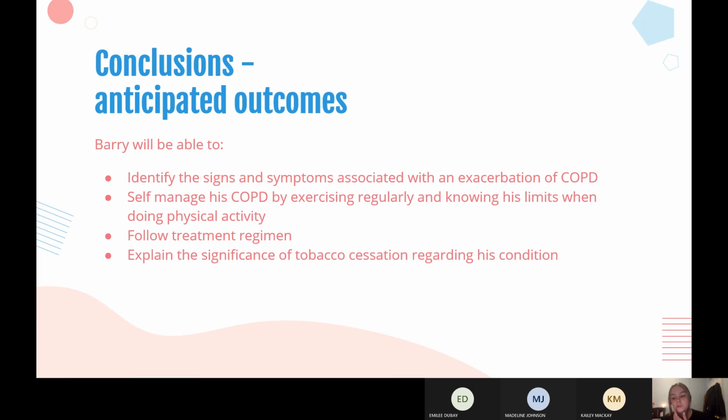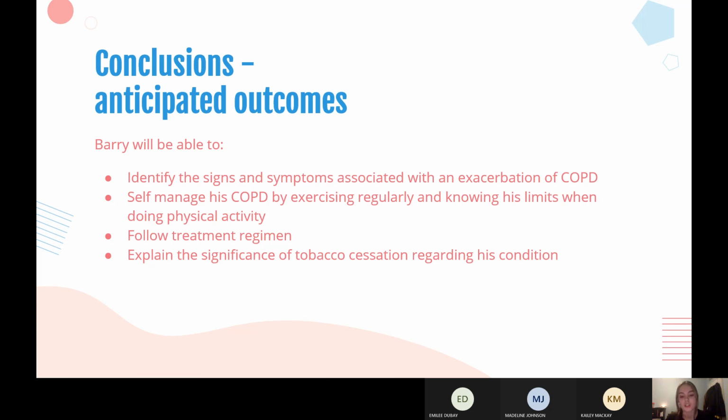Our anticipated outcomes for Barry, we want him to be able to explain to us what COPD is and how we can treat that, and how he can treat it himself at home. We want him to be able to list the signs and symptoms and know when he should go into a doctor or go into the hospital, like if he's having an exacerbation. We want him to follow his treatment regimen, so be able to maybe develop an exercise plan and stick to that exercise plan, or alter it if needed.